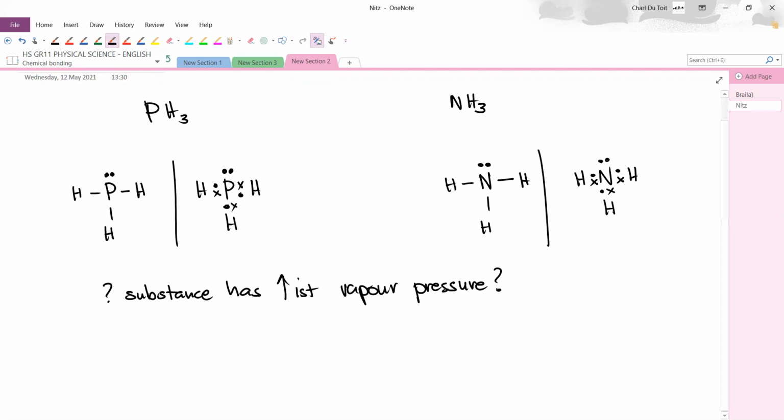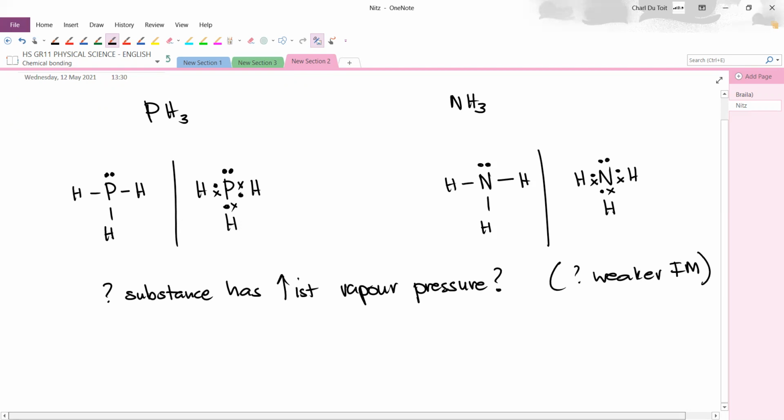It's the pressure caused by evaporation. So the one that evaporates the quickest will have the highest vapor pressure. So the one that evaporates the quickest is the one with a weaker intermolecular force. So I want to know basically which one has the weaker. So wouldn't it be the NH3?